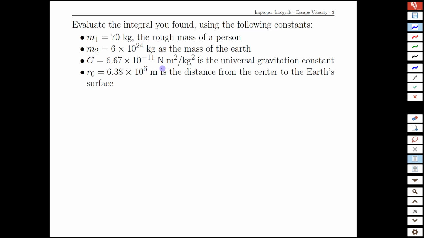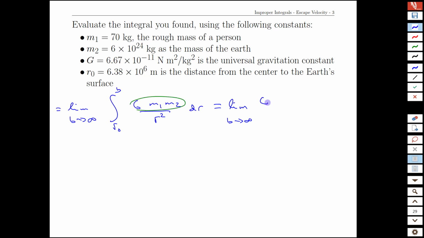We're going to keep it as symbols for now, and we're going to do our usual thing with our limits. We're going to have the upper limit be b, going from r0, G m1 m2 over r squared dr. Now, it's going to be helpful to rewrite this a little bit. These things are all constants, so we can bring them out front, G m1 m2, and then we have the integral from r0 to b of 1 over r squared, that's r to the minus 2, expressed as a power.